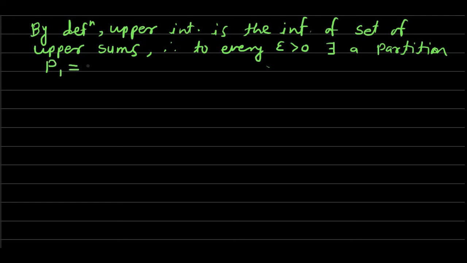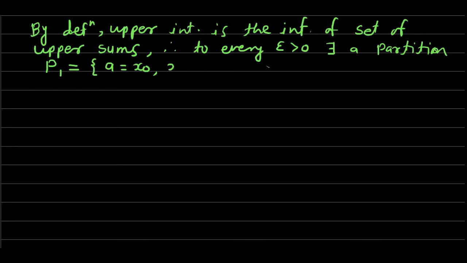Let us suppose that partition is P1, which consists of points. The first point is x0, and obviously by the definition of partition it must be equal to a. The next point is x1, next point is x2, and continued in this manner.